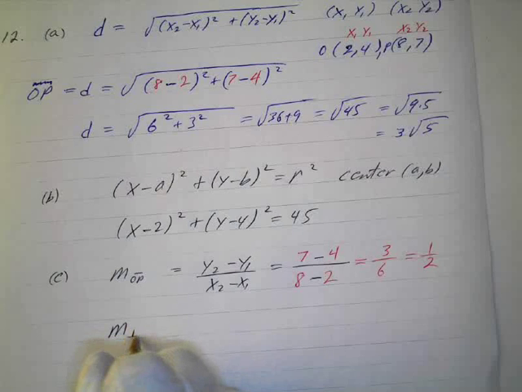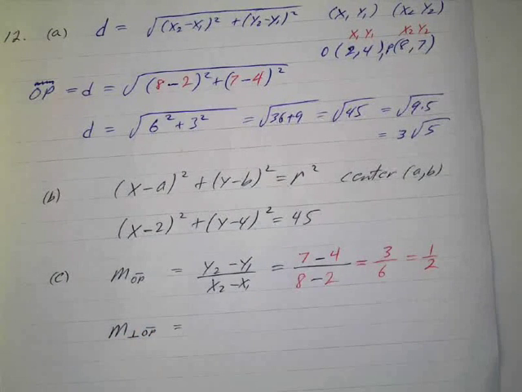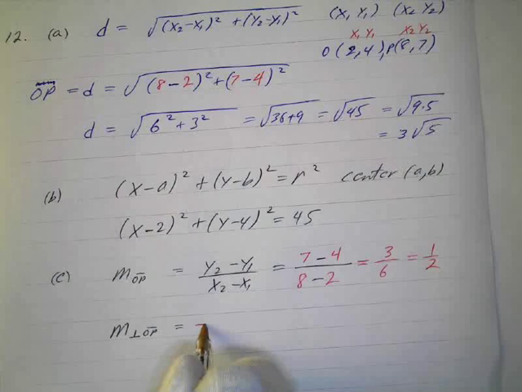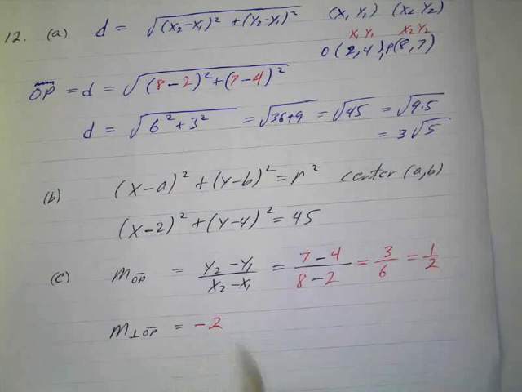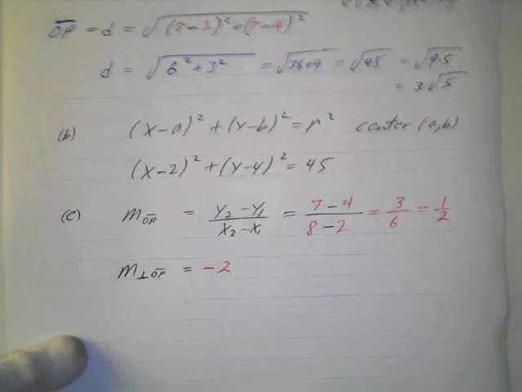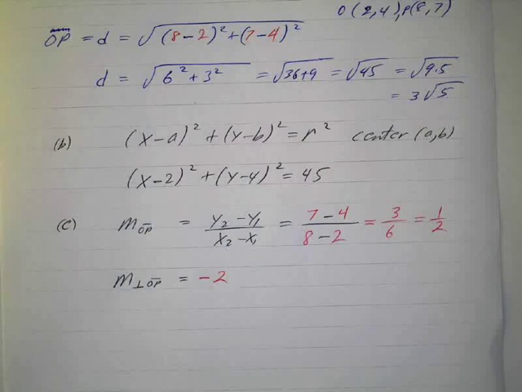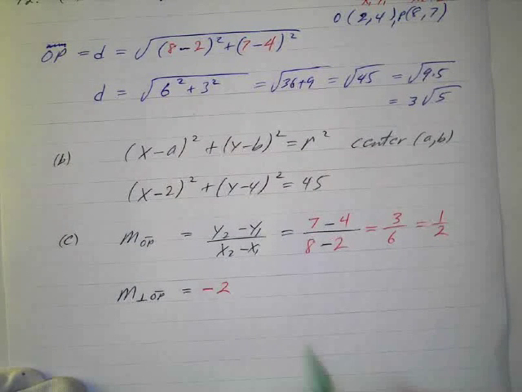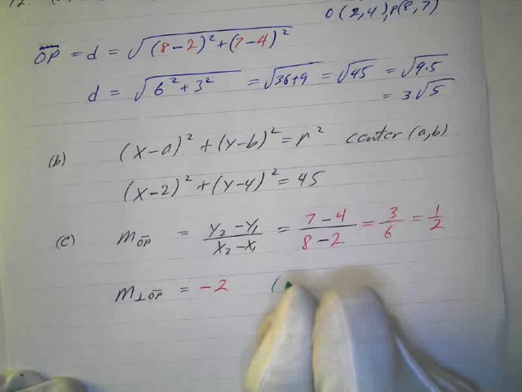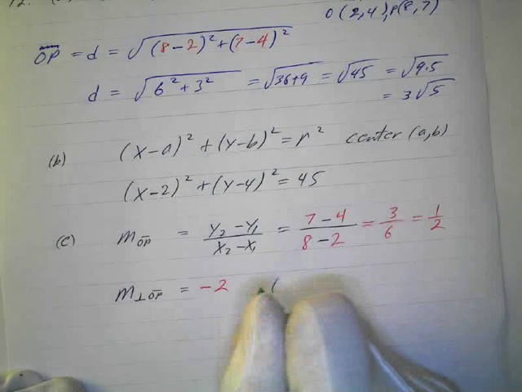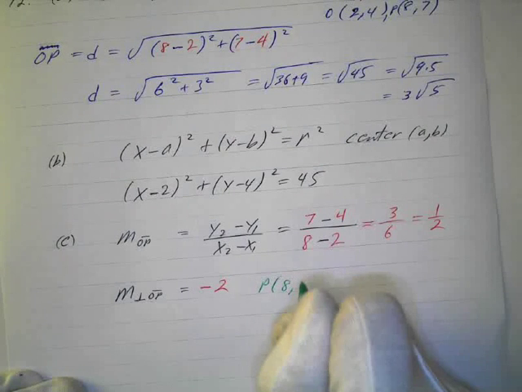It's perpendicular to OP, so that's the negative reciprocal of that, which is -2. So there's our slope, and the point that we're looking for is the point P, which is 8, 7.